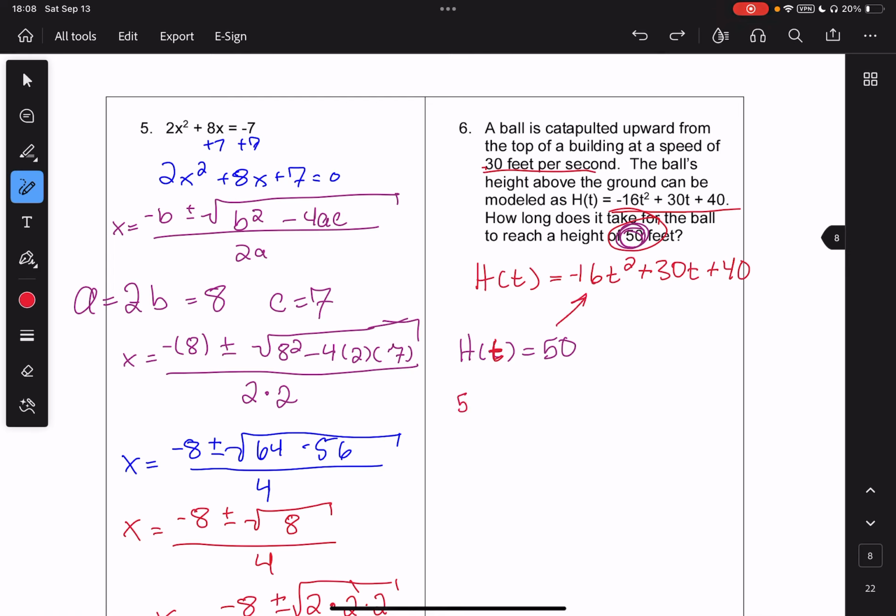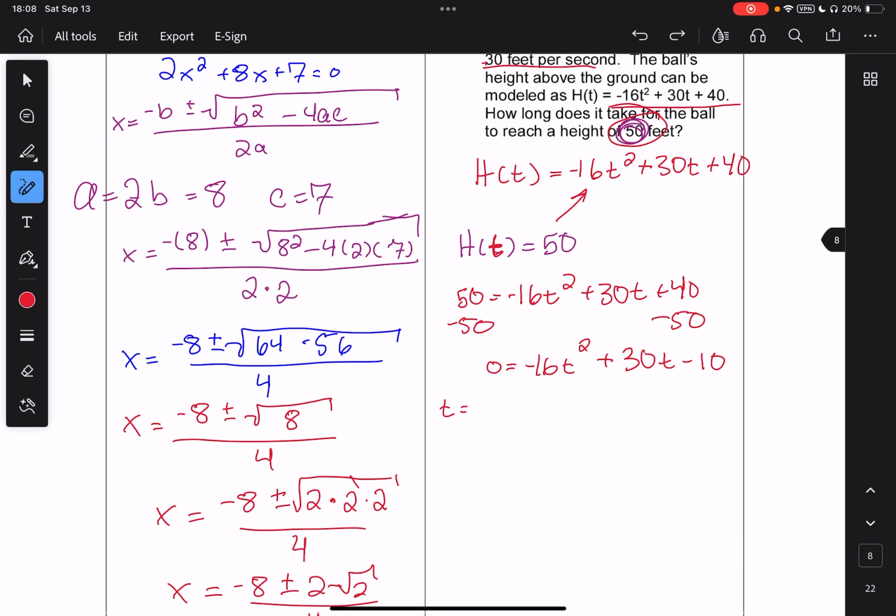And we get 50 is equal to negative 16t squared plus 30t plus 40. Then we bring our 50 over, so we have 0 is equal to negative 16t squared plus 30t minus 10. And now we're trying to solve for t.